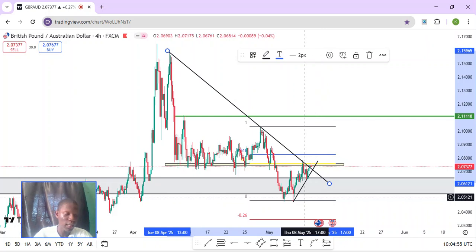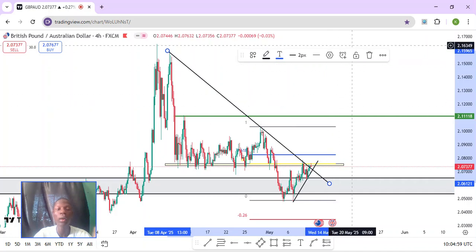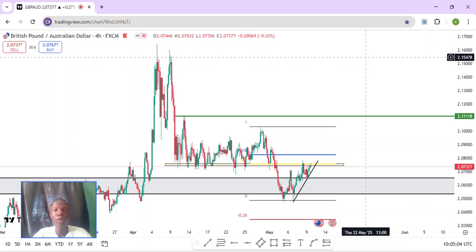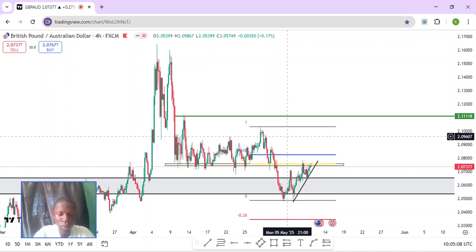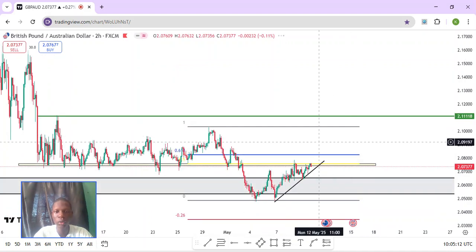What we have to do in this case, I'm going to delete this descending counter trend line. I don't like to have too much on my chart, so that's why I deleted it. I'm going to go over to the 2 hours time frame.